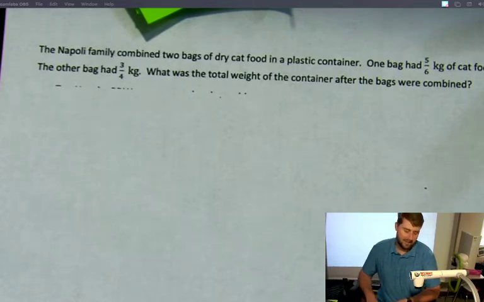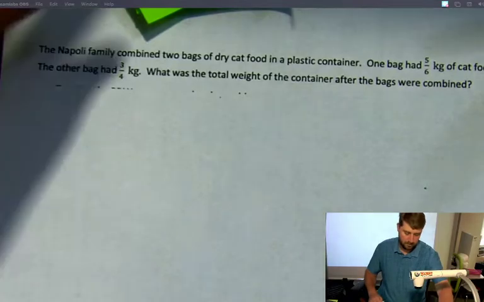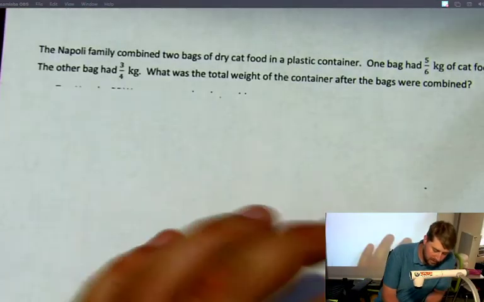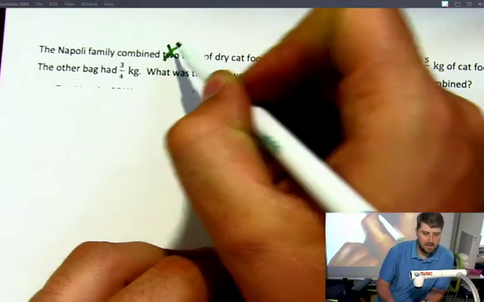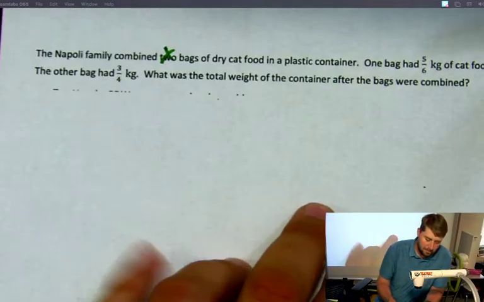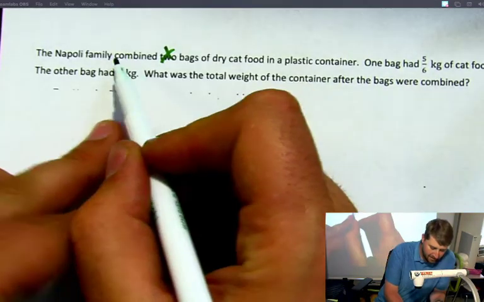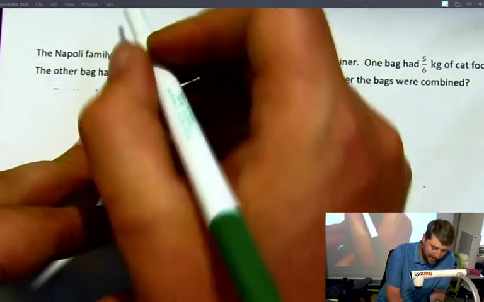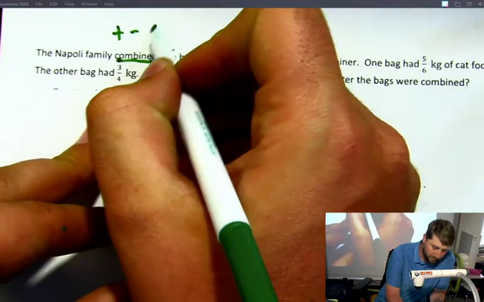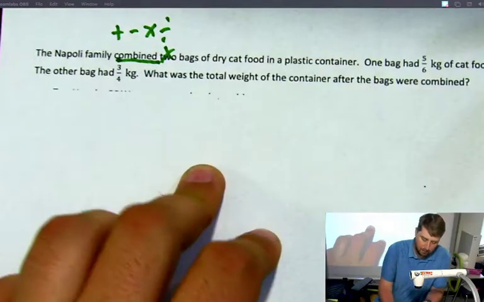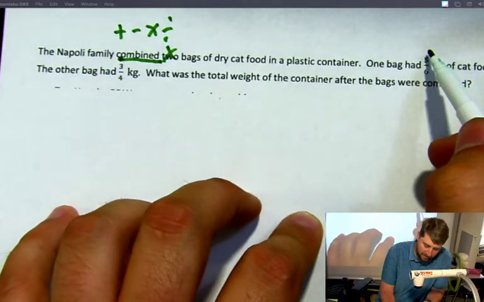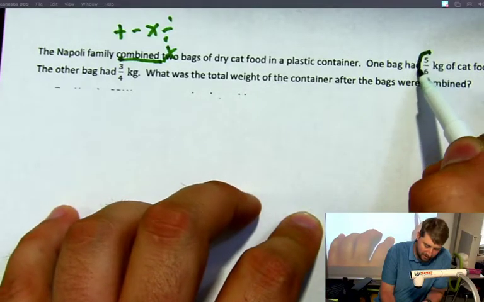So let's take a look at this. Our key numbers, we don't need this 2. This is just saying how many bags they are combining together. But I want us to think about the word combined. When we think about the word combined, does that mean we need to add, subtract, multiply, or divide? Our 2 numbers we need to worry about: the first bag was 5/6 of a kilogram.